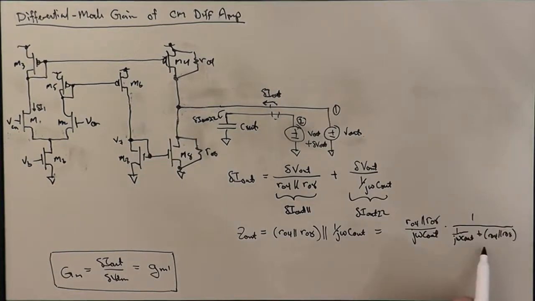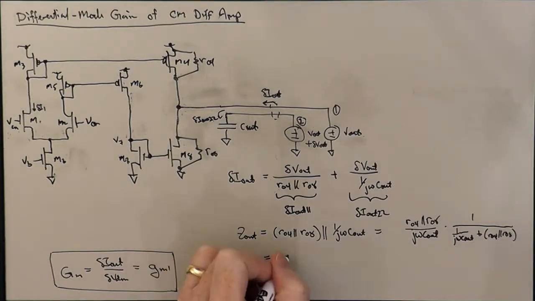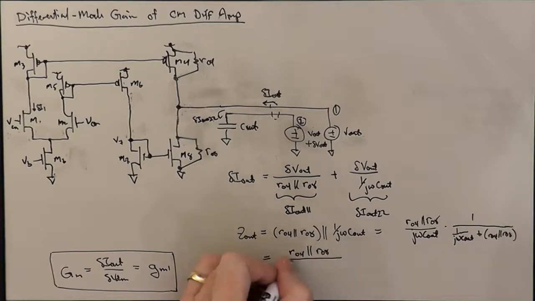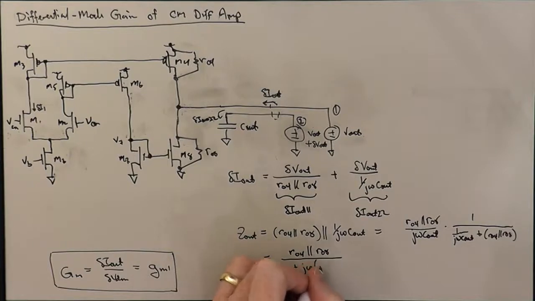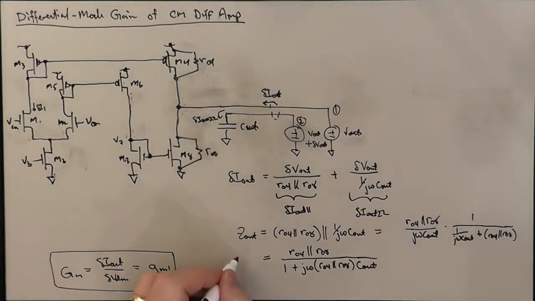And we can clear out the nested fraction here by multiplying this 1 over j omega C out through the denominator. And this becomes RO4 parallel RO8 divided by 1 plus j omega RO4 parallel RO8 times C out. And so this is Z out.